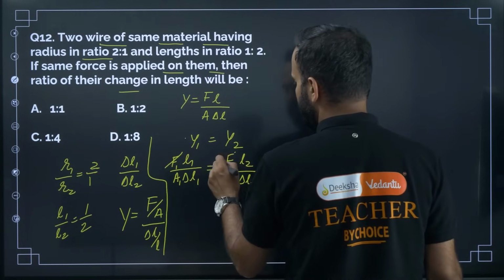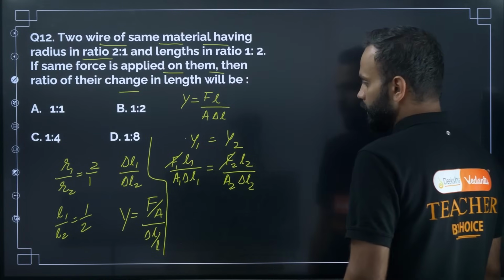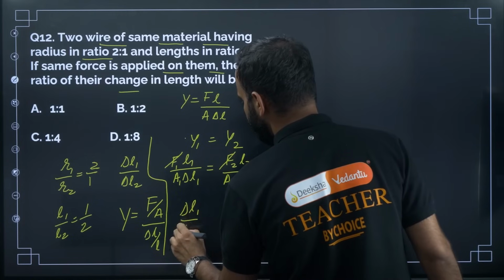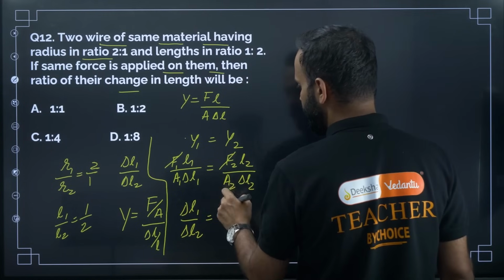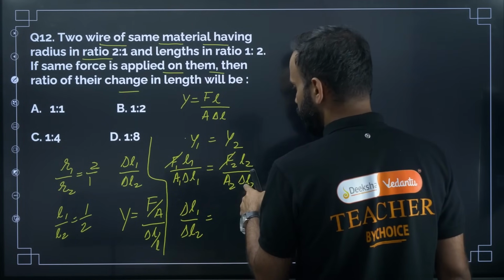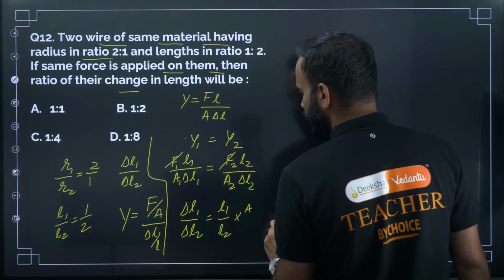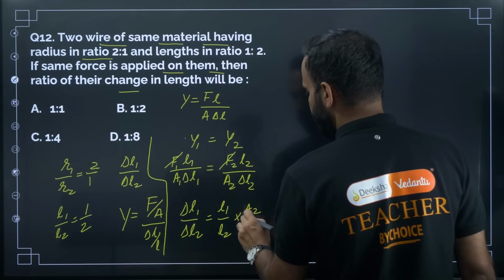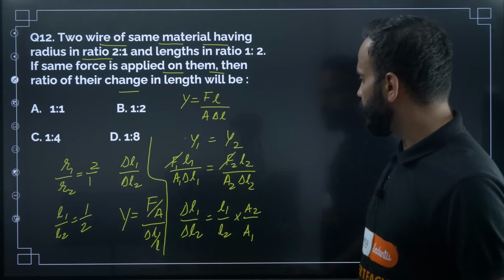So F1 and F2 will get cancelled. So now delta L1 divided by delta L2 is equal to L1 divided by L2 into A2 divided by A1.